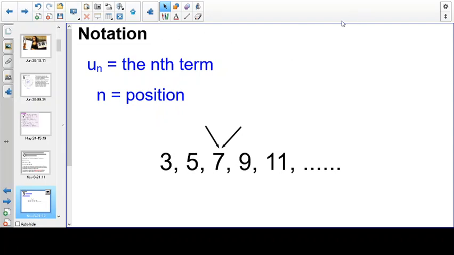Okay, so here's a little bit of notation that you need to know. N is representing the position that the number's in. So this one is in position 1. This one is in position 2, for example. So the letter N denotes the position that each term is in.